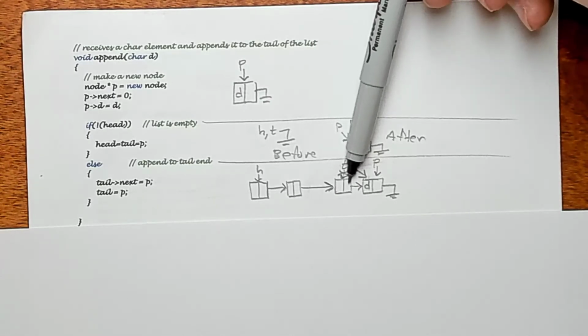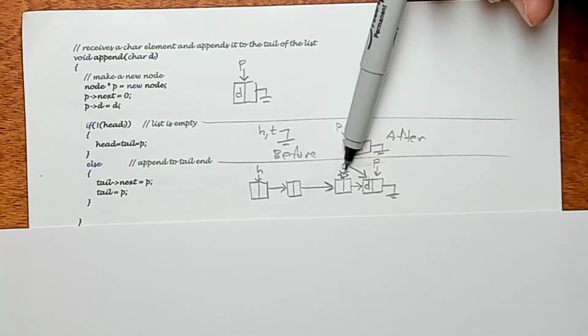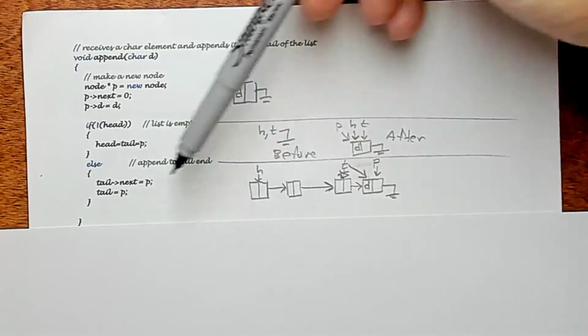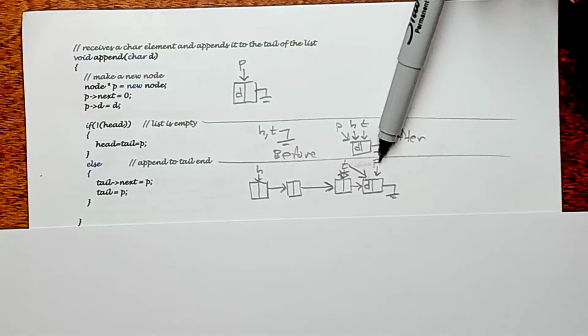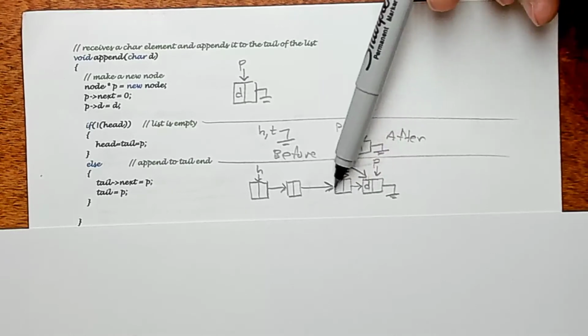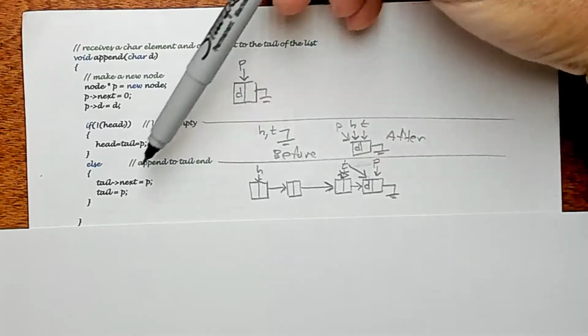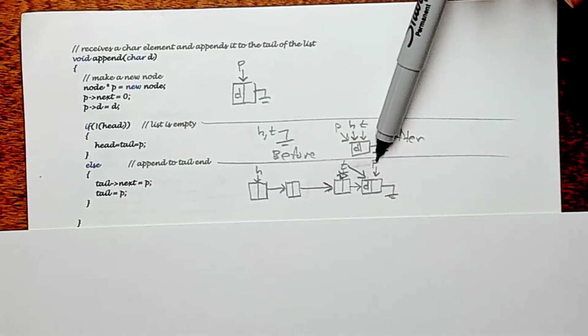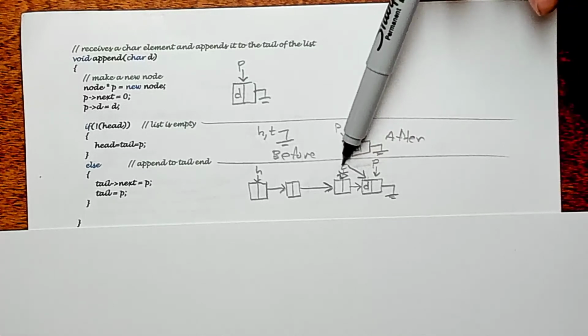So to get to this dog here and update his next field, you need to use T. So you do T next, which is this box, equals P. So you're taking the value that is in P, which is an address that points to this node, and you're storing that value in here. So this pointer points to this node as well. So you do that first. Then you update the tail to contain P's address. So P, which points to the new node, you put that address in T, so T will point to the new node.